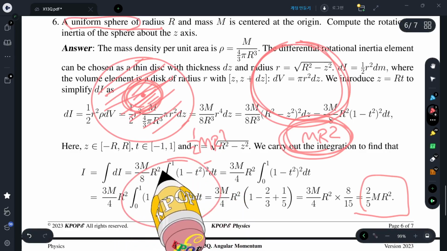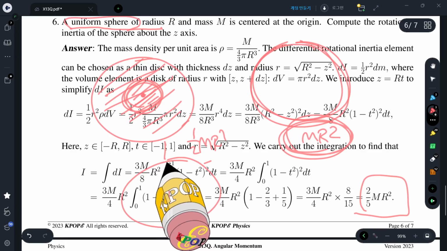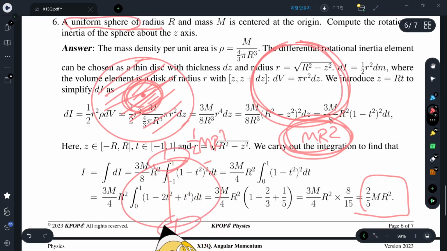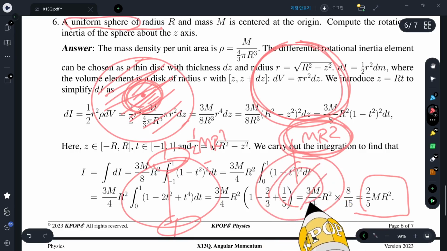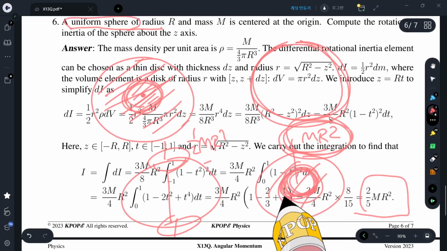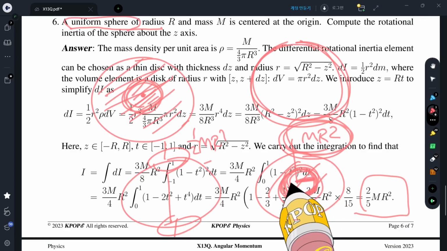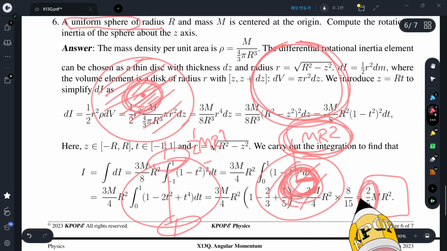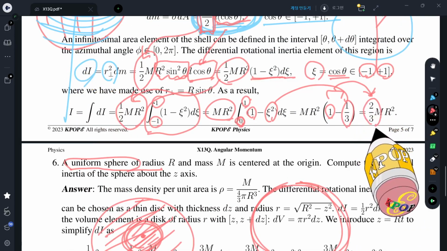In the shell, the mass is usually far away from the axis of rotation, except for the polar region. However, if it is a solid sphere, the mass distribution is over the whole space, so the effective lever arm decreases. So the factor 2/5 is smaller than 2/3.